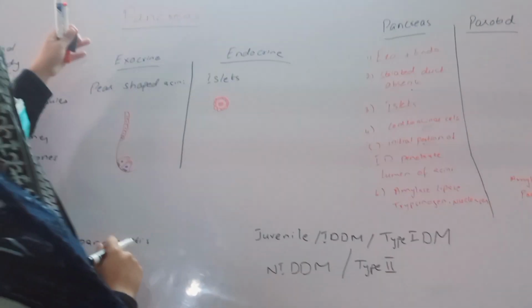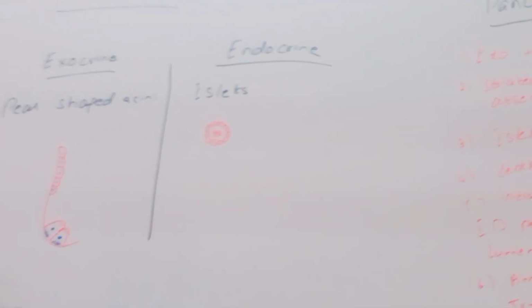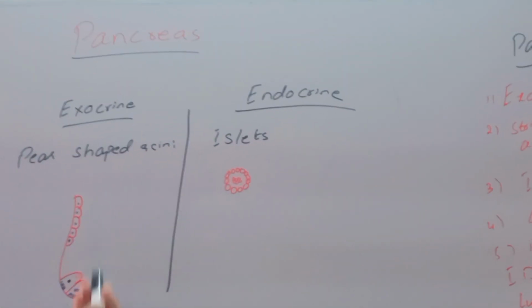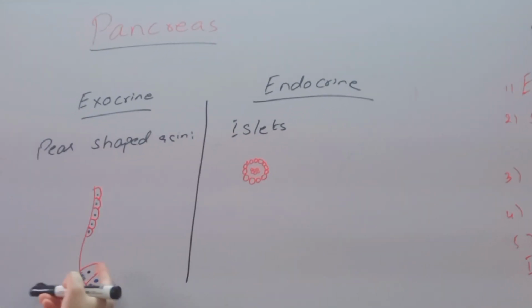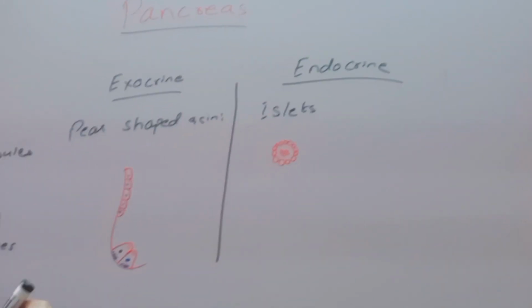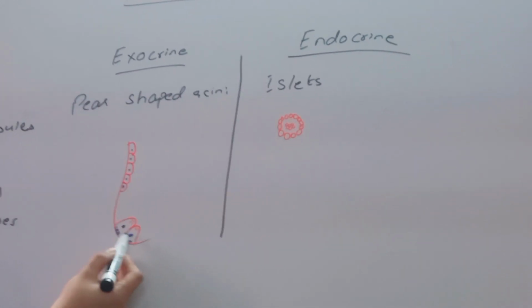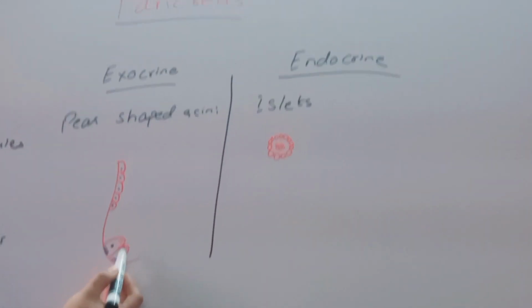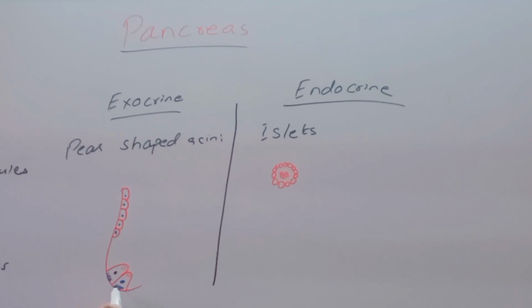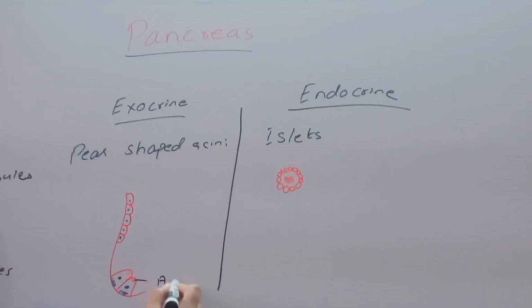So first we will discuss the exocrine portion of the pancreas. It has pear-shaped acini like this. These are the pyramidal shaped acinous cells which have basal basophilia. You can appreciate here a centrally located nucleus, which is almost towards the basal side, and apical zymogen granules.